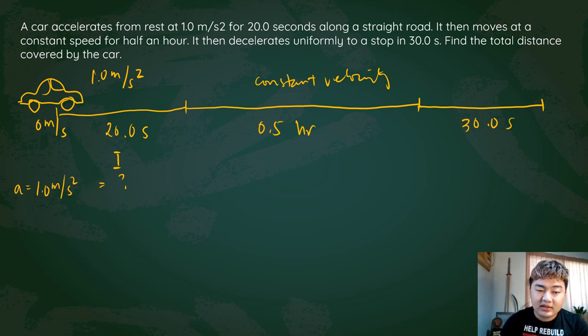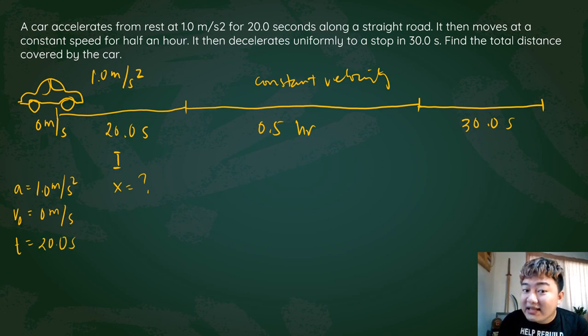Our unknown variable is x. Since it starts from rest, the initial velocity is 0 meters per second, and the time is 20 seconds.